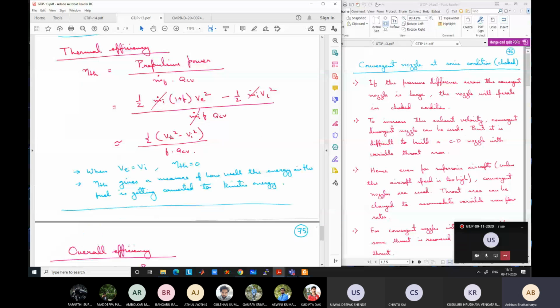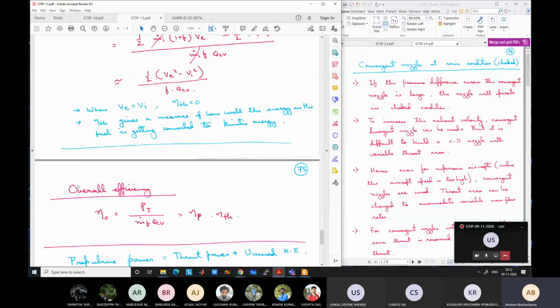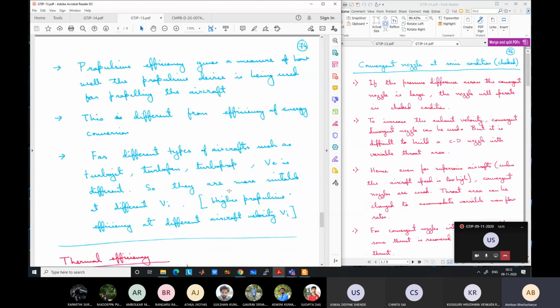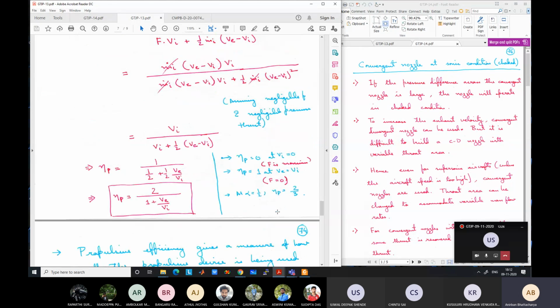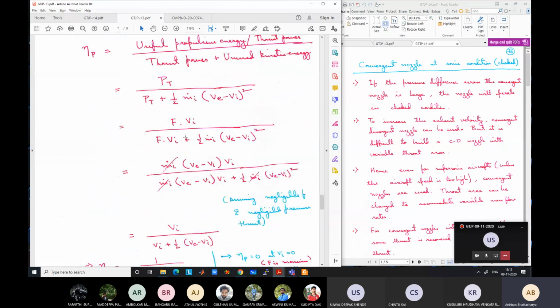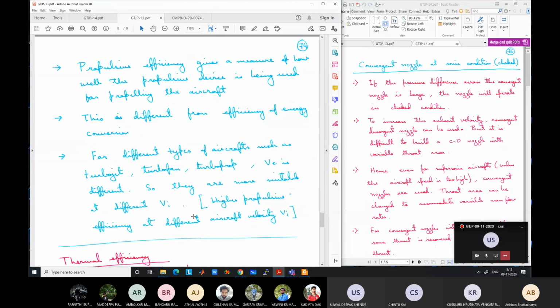So the overall efficiency can be defined as the product of the propulsive efficiency and the thermal efficiency. And what is its significance? The numerator denotes the thrust power, the useful propulsive energy, the energy that is used for propelling the aircraft forward, which we have defined as F into Vi.